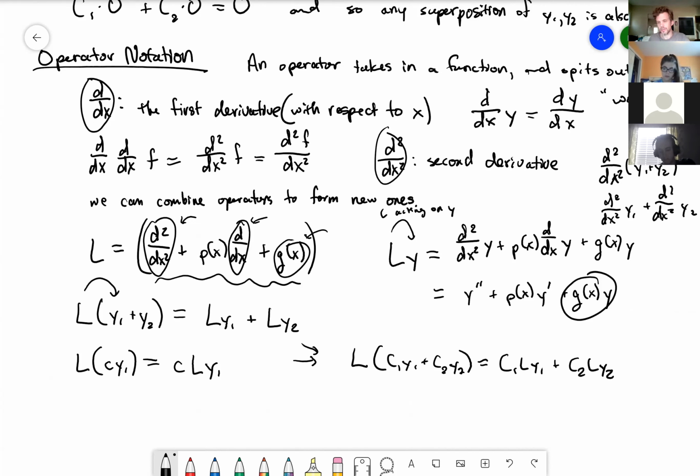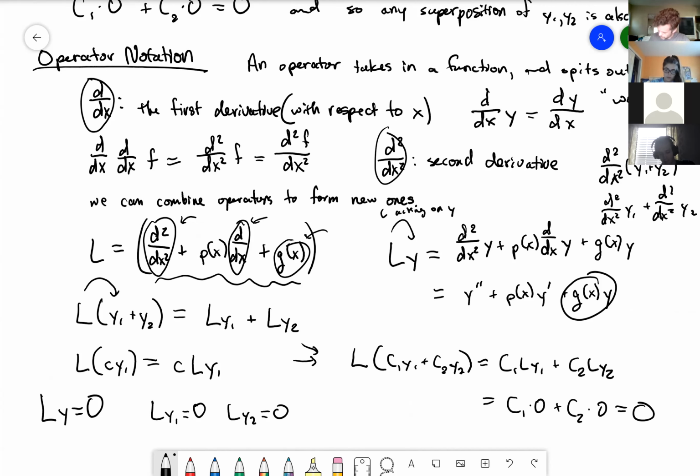And applying L just means applying the linear second order ODE operator, the thing that makes the left-hand side. And so, of course, because y1 was a solution, let's write it like this. Our equation becomes L applied to y is equal to 0. And we had that y1 was a solution, y2 is a solution. And so over here, we get C1 times 0 plus C2 times 0, which is just 0.